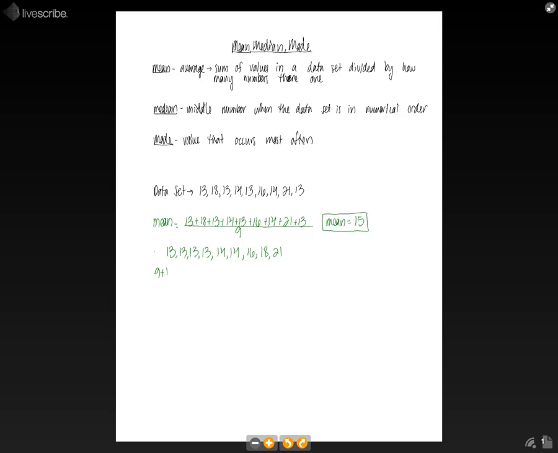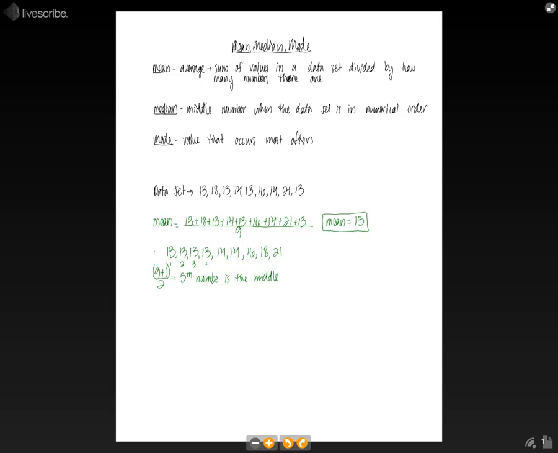So what we're going to do is say 9 plus 1 to give us an even number. We're just going to add 1, divided by 2. So this tells us that the 5th number is the middle. We're just adding a number to make it an even number so we can figure out which one lies in the middle.